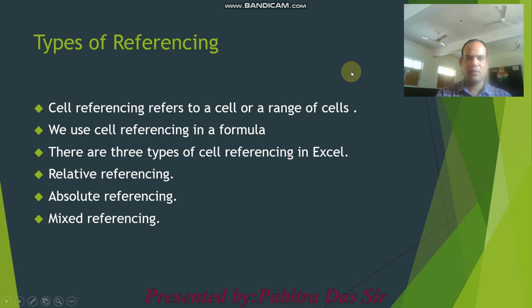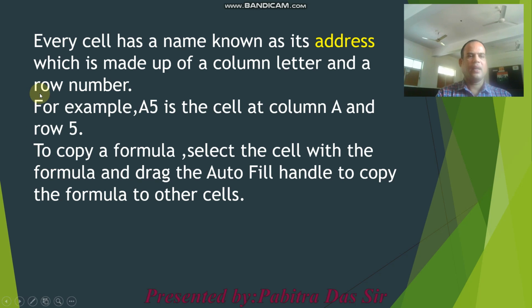Next, students, types of referencing. Referencing means referring to a cell or range of cells. We use cell referencing in a formula. There are three types of cell referencing in Excel: relative referencing, absolute referencing, and mixed referencing. Every cell has a name known as its address.